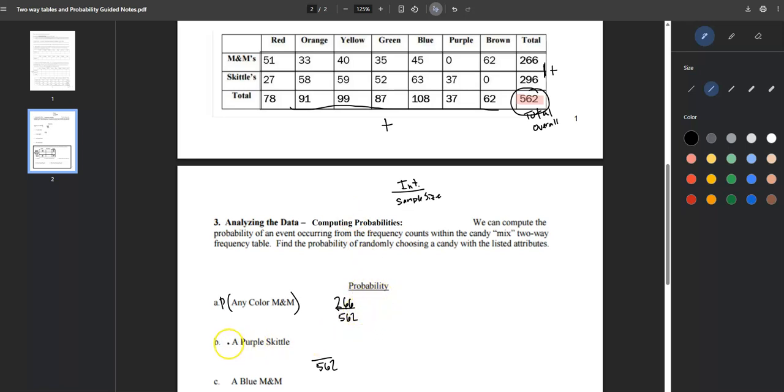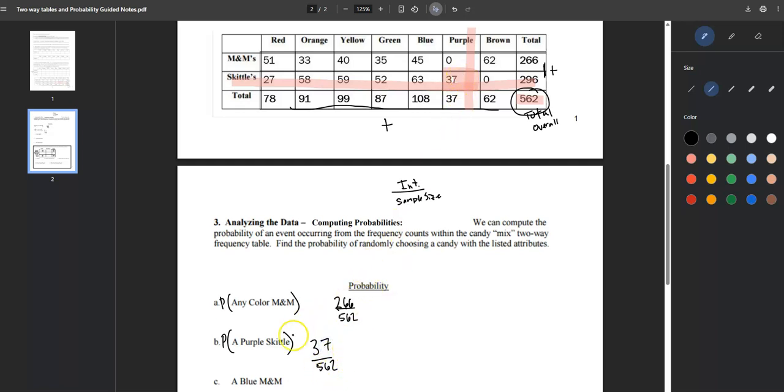This next one is asking what is the probability of getting a purple Skittle. So I need it to be purple and a Skittle. There's my purple, there's my Skittle. I love doing this because this is my intersection right here. This is what I want. So in that case, I'd have 37 over 562.